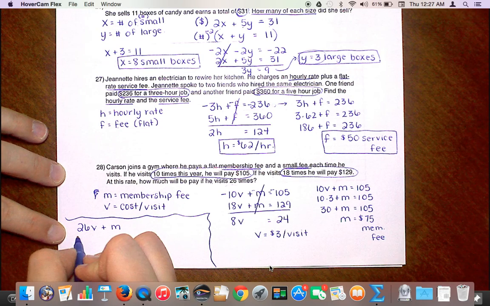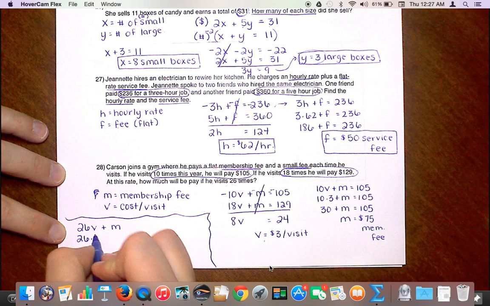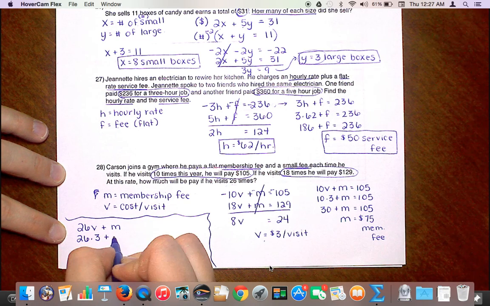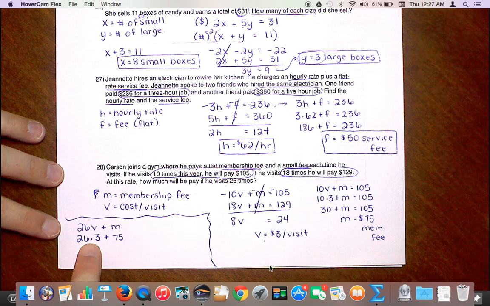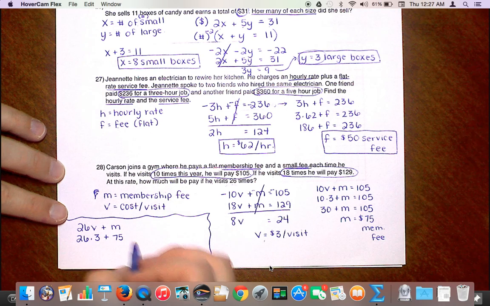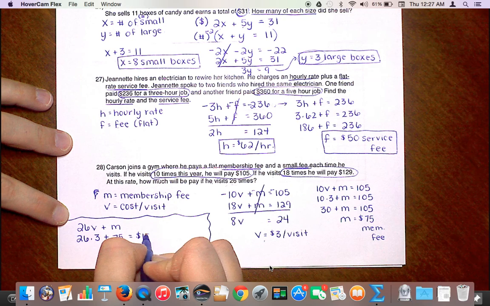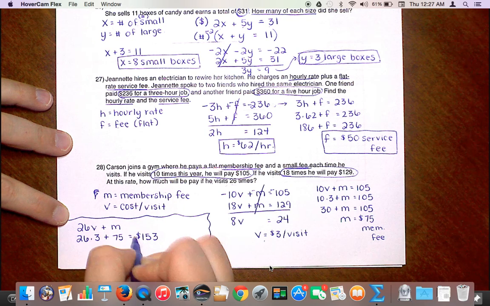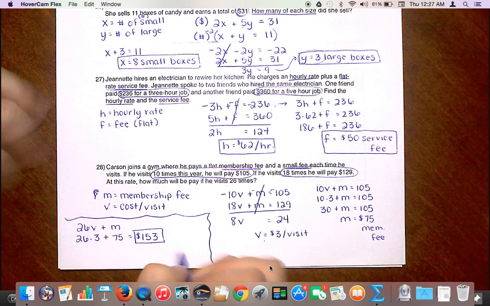So I would be doing 26 times my V value, which is 3, plus my membership fee, which we said was 75. Let's see, that's going to be 78. So 78 and 75, I believe, are going to be 153. So it's going to cost me $153 to visit 26 times, okay, which would be once every other week.